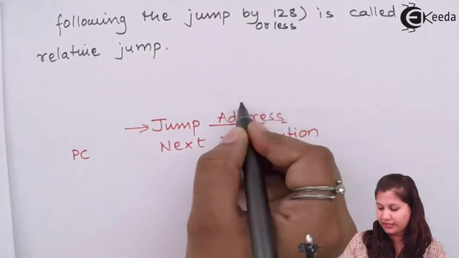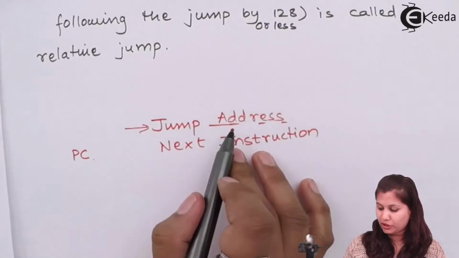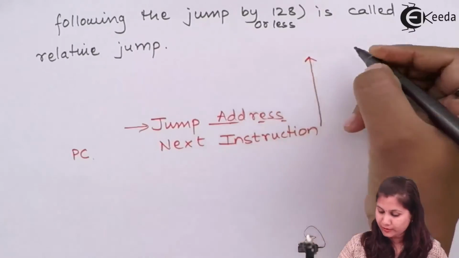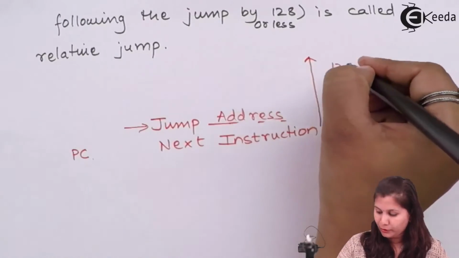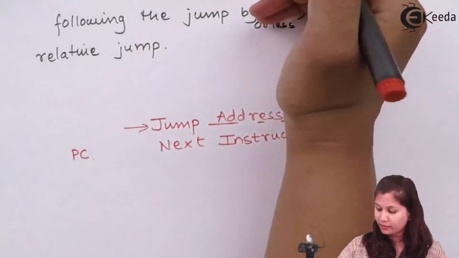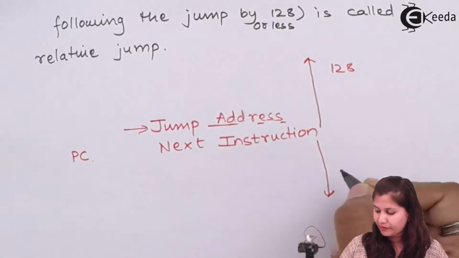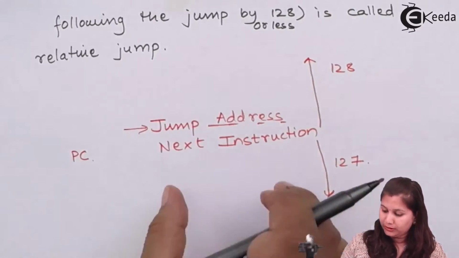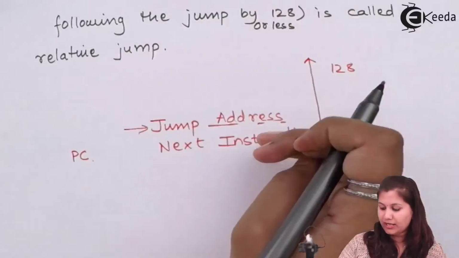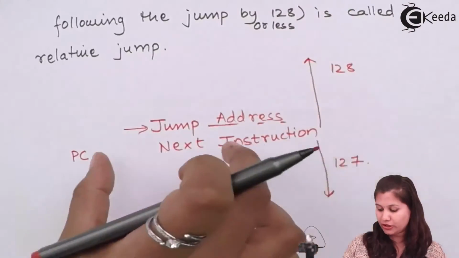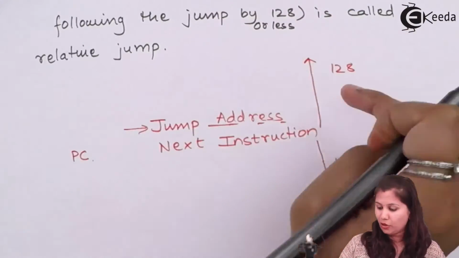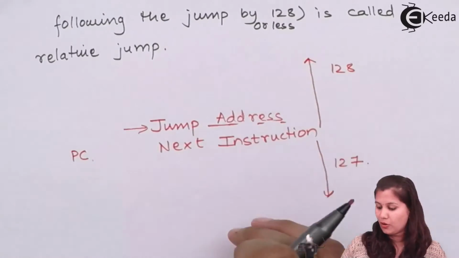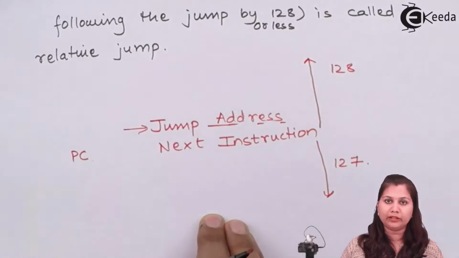The address we can write after this jump instruction can be in the range from the next instruction, 128 bytes less than it or 127 bytes greater than it. All the addresses in this range can be used.